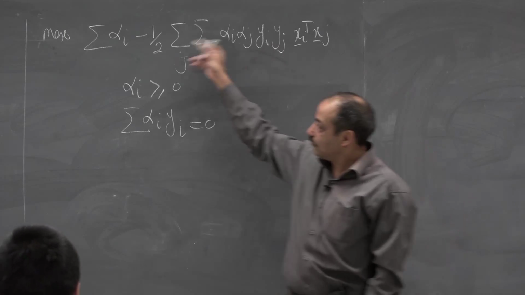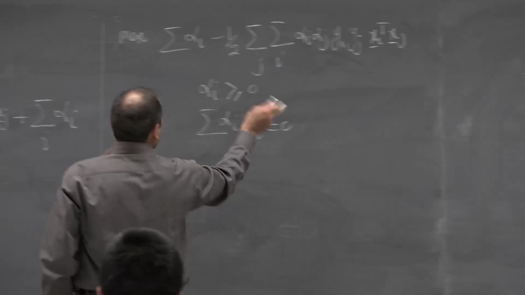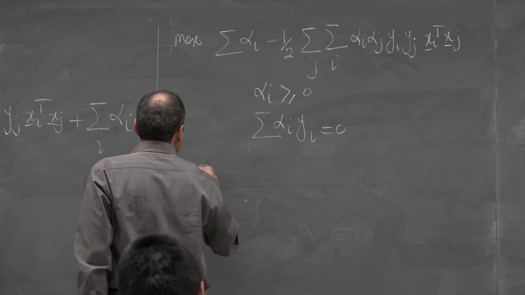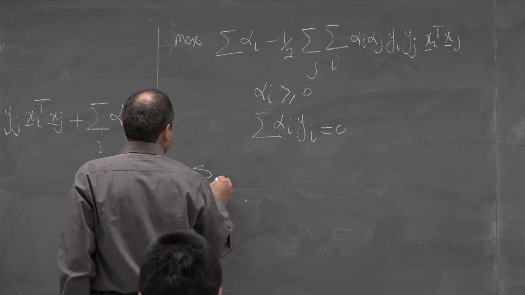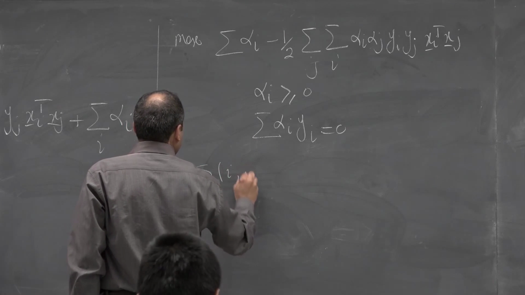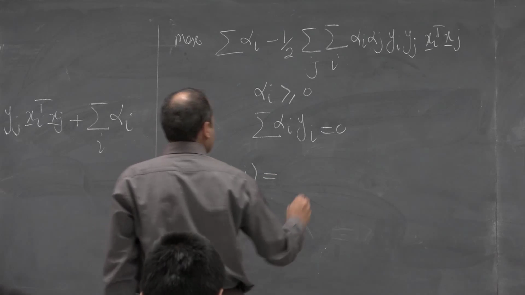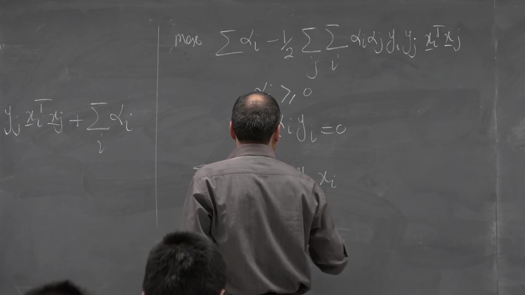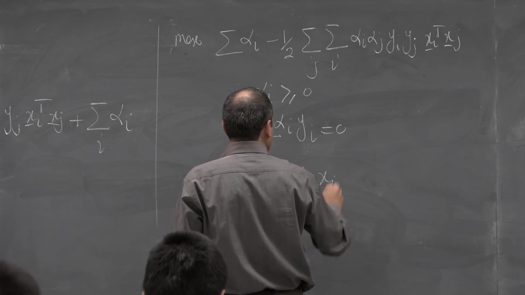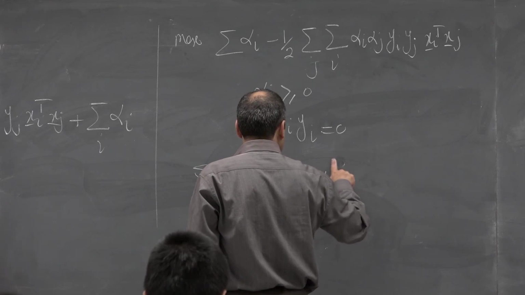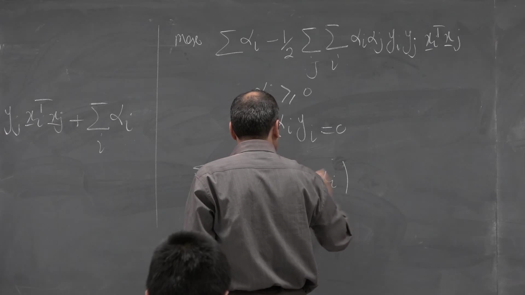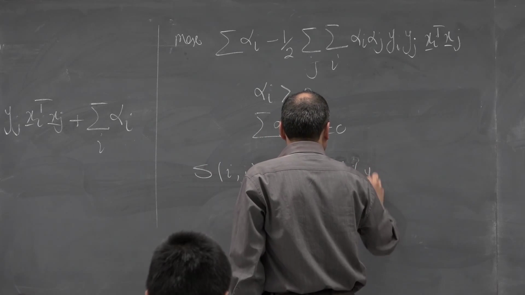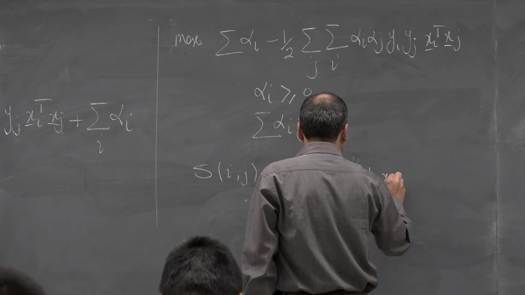Let me write it in matrix form. Let me define matrix S such that Sij is yi xi transpose times yj xj.